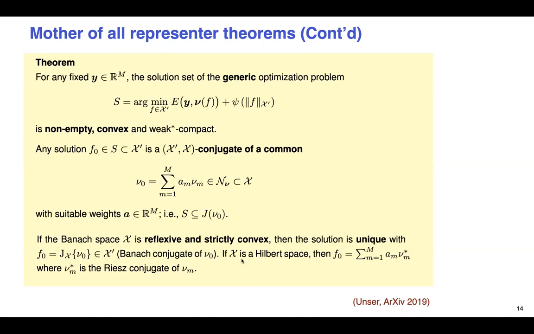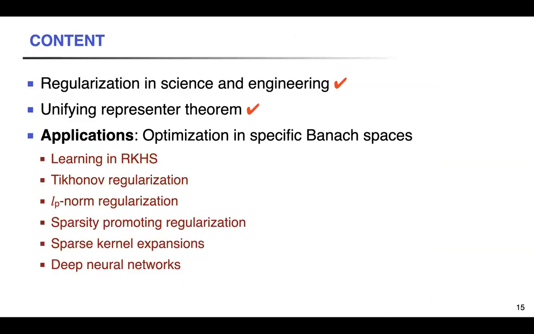Now, if X is a Hilbert space, then actually f0 is a linear combination of those nu star, and the nu star are just the Riesz map of those nu. So this tells you that the solution lies in an m-dimensional manifold.